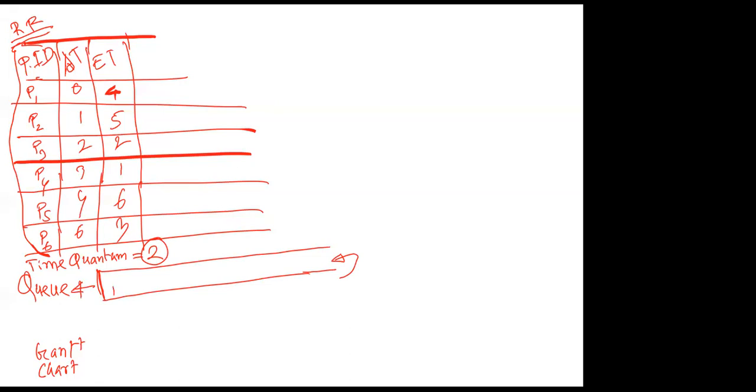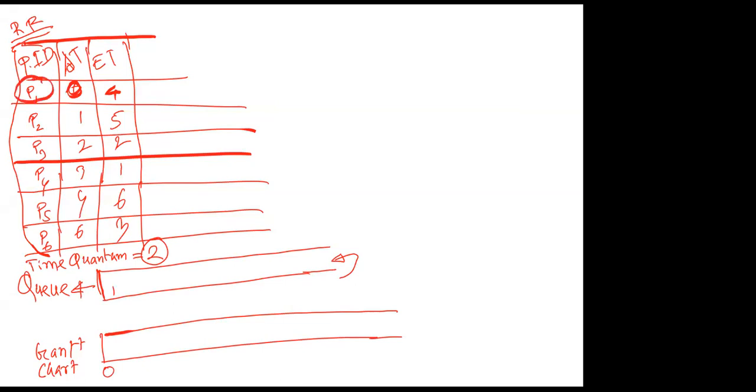Now this is the Gantt chart. It starts from 0. At 0 time unit, how many processes are inside the RAM? Only one process, P1. So P1 should be inside the queue first, because at 0 time unit there is only one process.